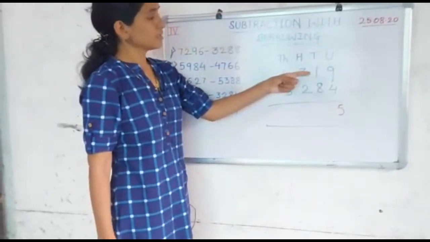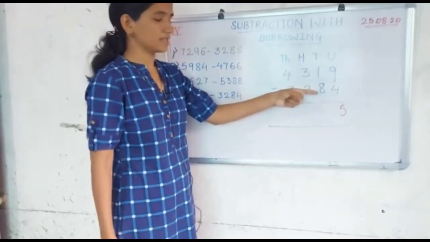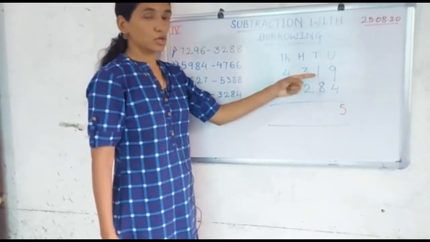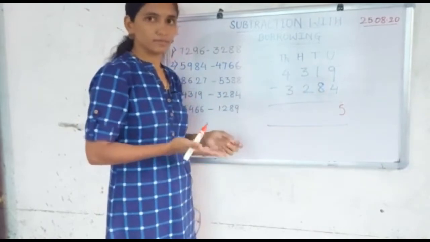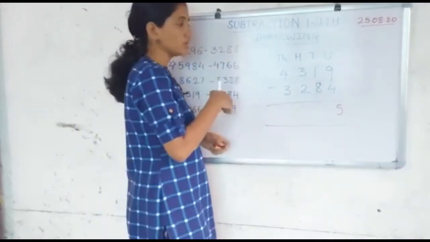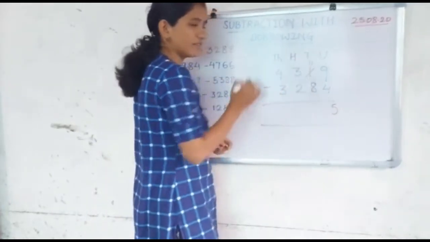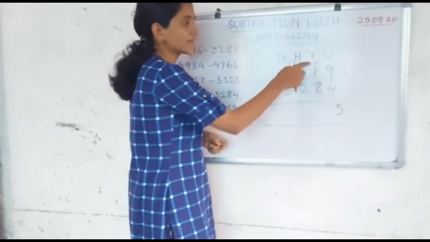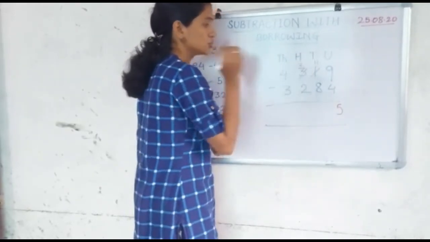Now you can see the numbers at the tens place. Here 1 is smaller than 8 and 8 is bigger than 1. So you cannot subtract 8 from 1. So what will 1 do? 1 will borrow from the 3. So it will become 11. And because 3 has given one number to 1, it will become 2.